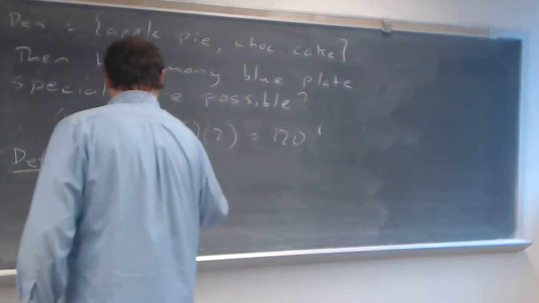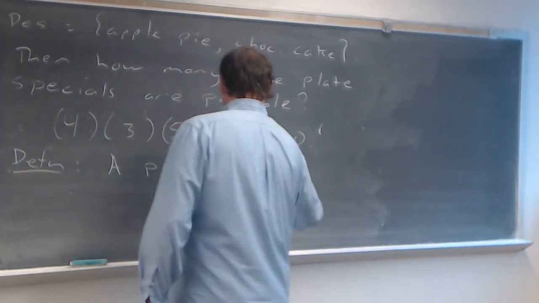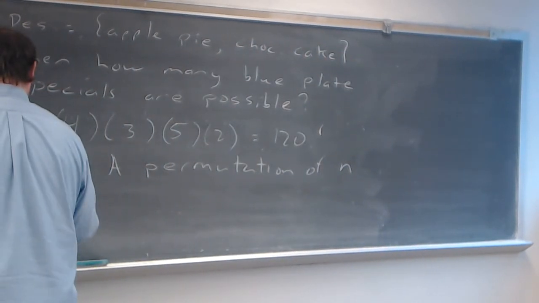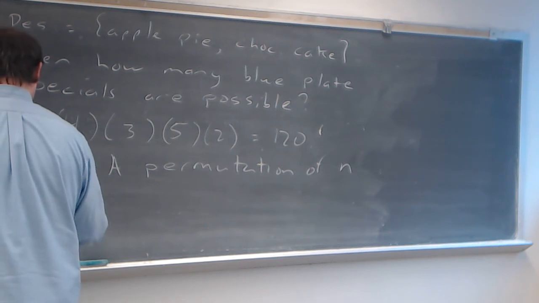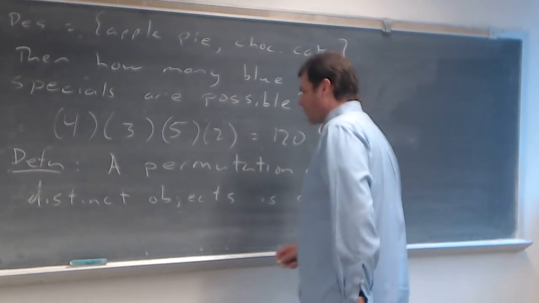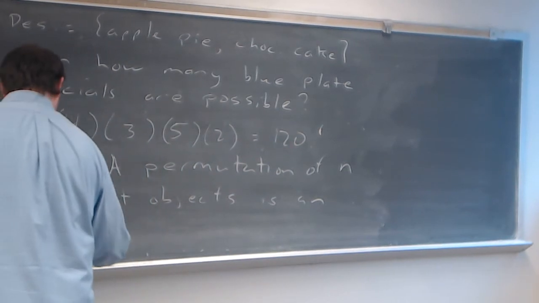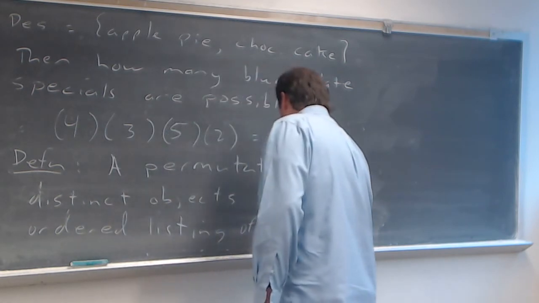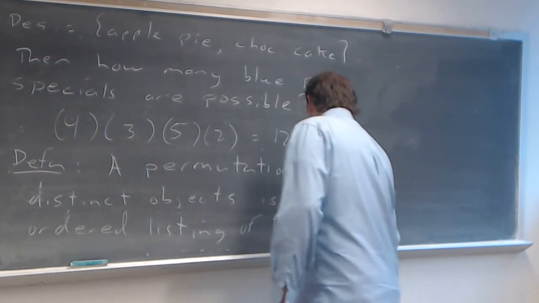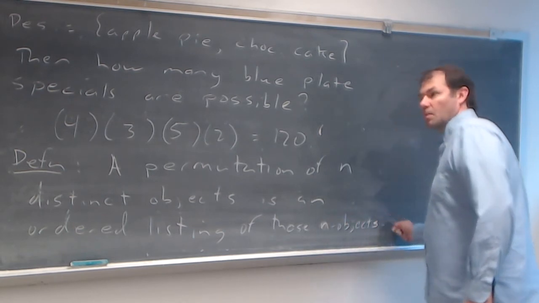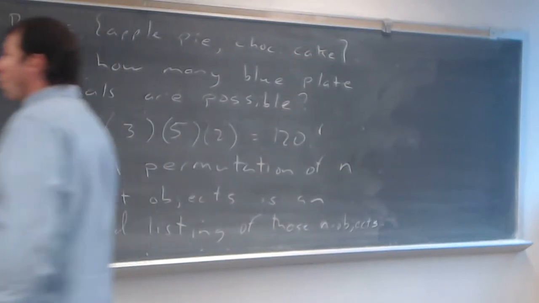A permutation of n distinct objects is an ordered listing of those n objects. So it's an ordered listing.